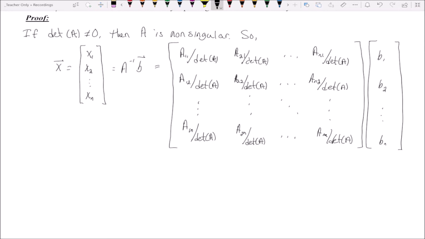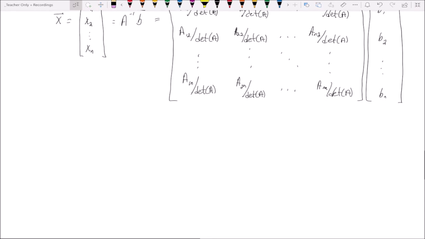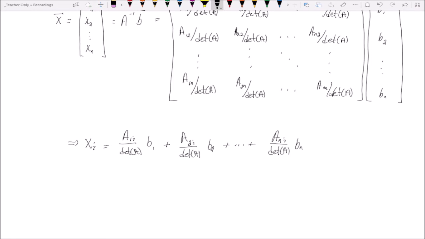So now we can express this as a system specifically. We notice that x sub i will equal A1i over the determinant of A times B1 plus A sub 2i over the determinant of A times B2 plus so on and so forth plus A sub ni over the determinant of A times B sub n.